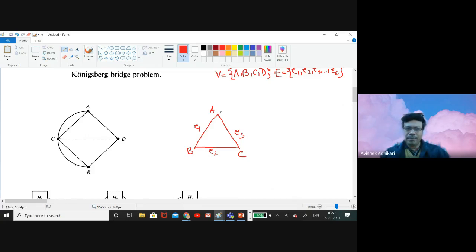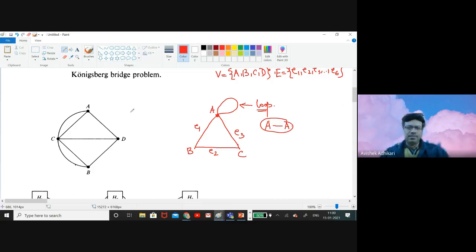I might have another edge which starts from A and ends at A. We call this a loop. So a loop means an edge which starts from a vertex and ends at the same vertex, A to A basically.